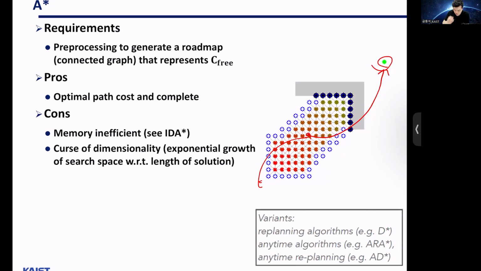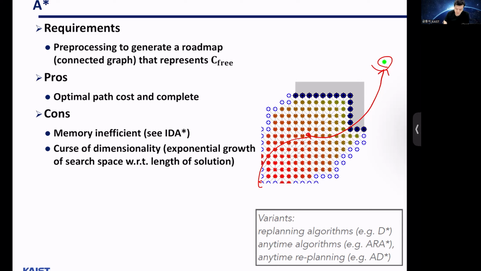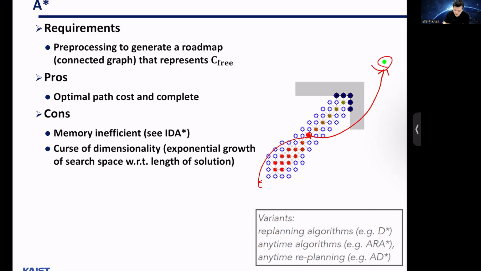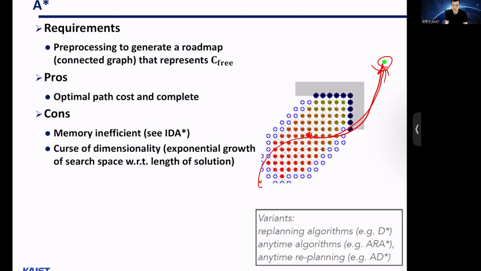Okay. Anyway, so by doing this, we can find the solution much faster, much more efficiently. But the problem is we don't know the cost to go. Okay, meaning how much cost it will take from this point to here. If we knew that, then we didn't have to solve this problem at all.